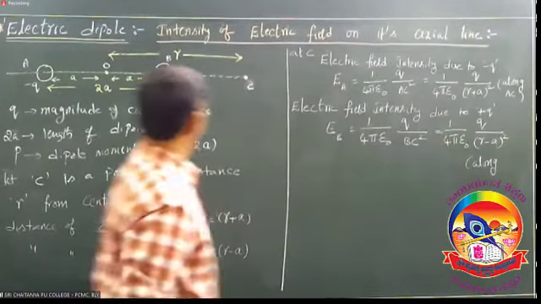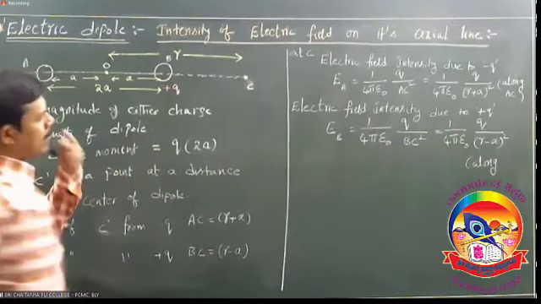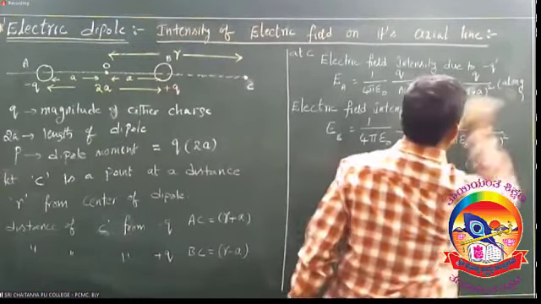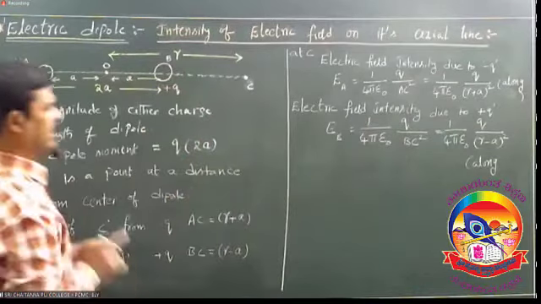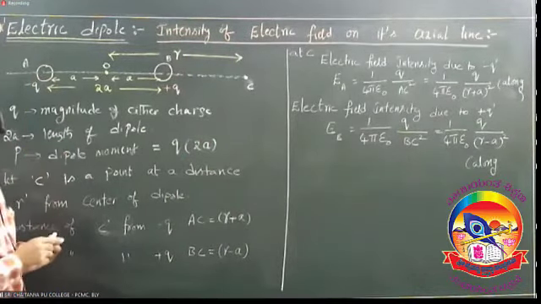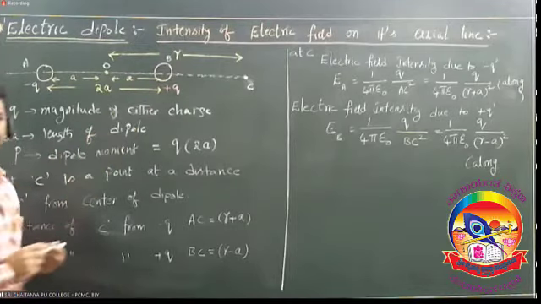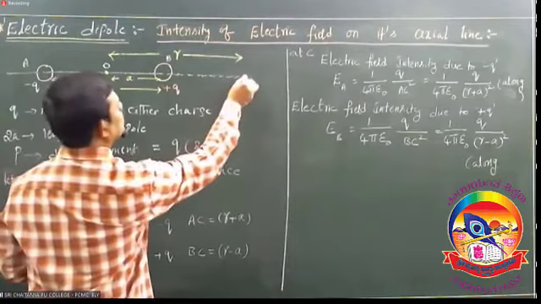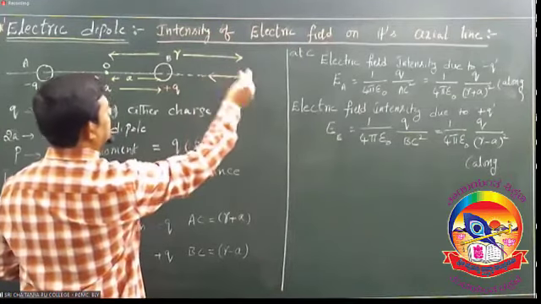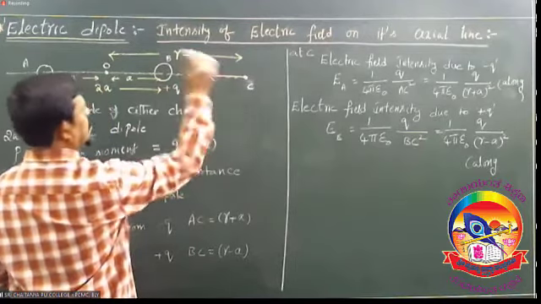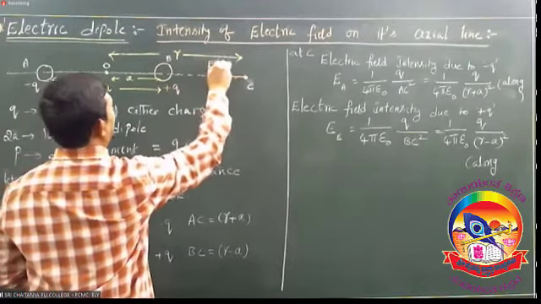See, here I assign the directions. Electric field due to negative charge, we know it is towards the charge. This is EA.